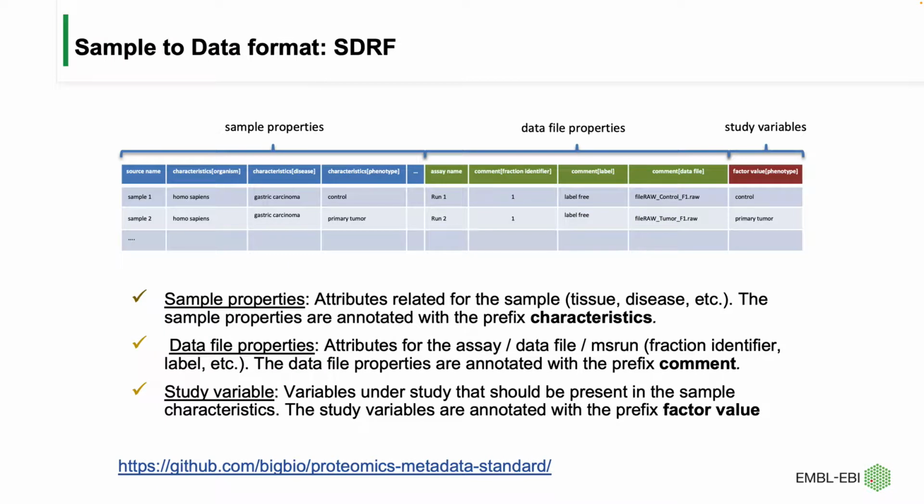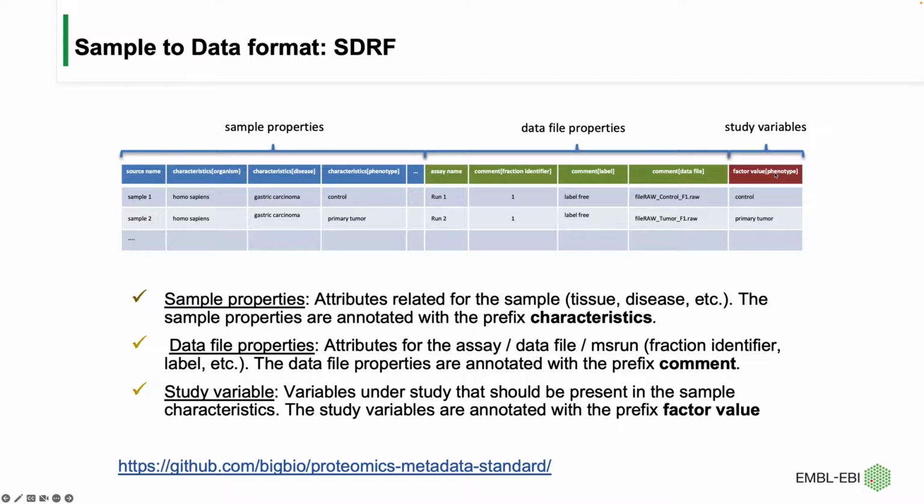How does an SDRF look? An SDRF, as I said before, has three major parts, or components. It's a tab-delimited file format, basically a table where every column corresponds to a property of the sample, of the data file, or the factor value, which is the condition, the variable under study.